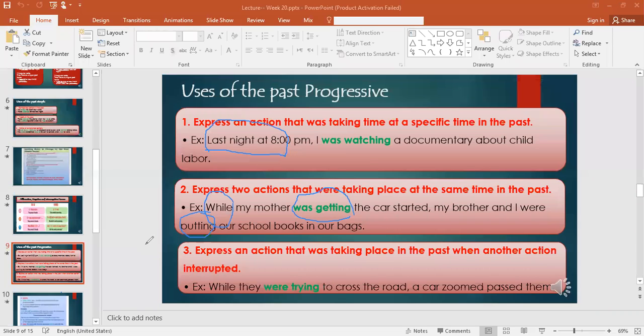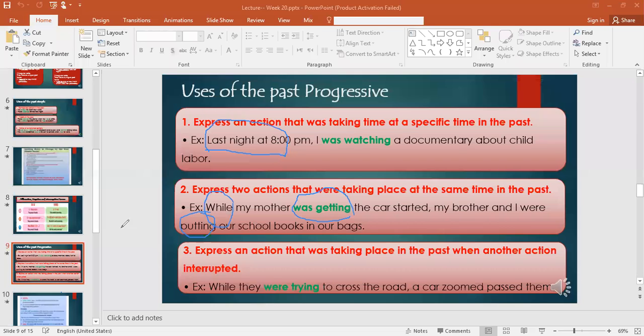Or the cake. So we can make slight changes in the sentence. As an idea, it's correct, but we have to make slight changes. If we said, while my dad was bringing chips, while my mom was making popcorn. Okay, Hassan? I'm so happy because you are sharing today with us.